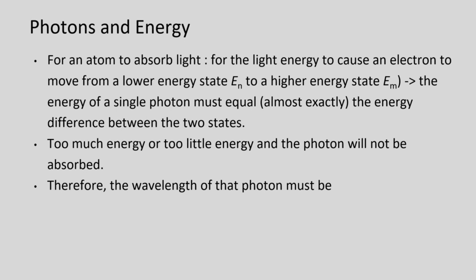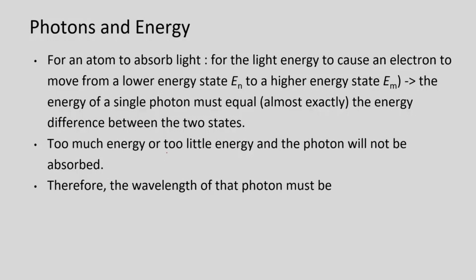How much energy has to be put in to excite the electron to move to the next state? That is exactly the difference of the energy levels at higher energy and the lower energy. If we apply too much energy, that will also not work, and if we apply too little energy, that will also not help to get the exact absorption.